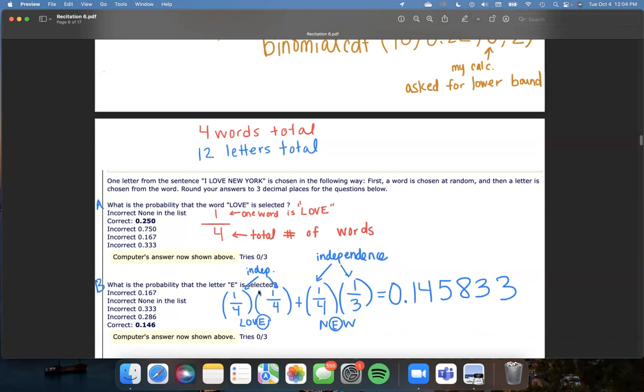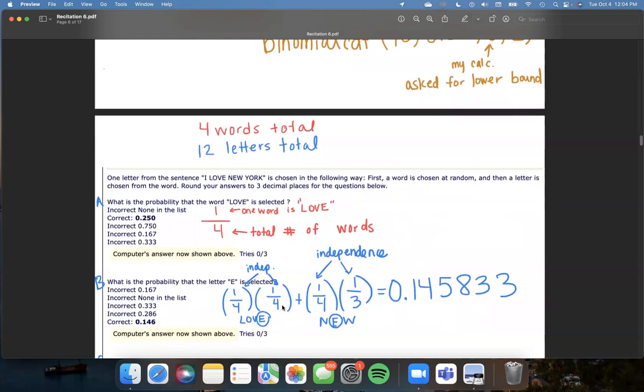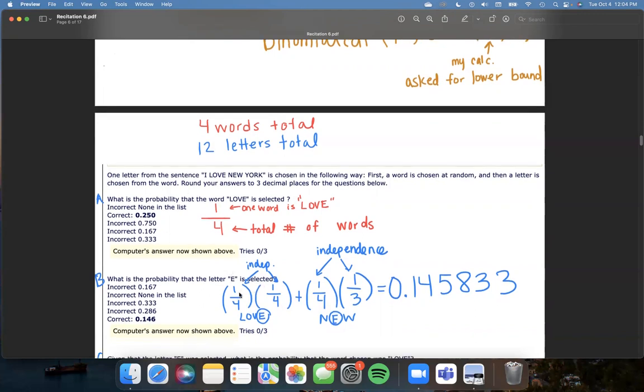We have 2 possibilities, and note that the selection of a word and then the selection of the letter are independent. We have 1/4 for the selection of the word love, which we found from part A, and then to select E from that word would be 1/4, because only one letter is the E out of the 4 letters in that word.